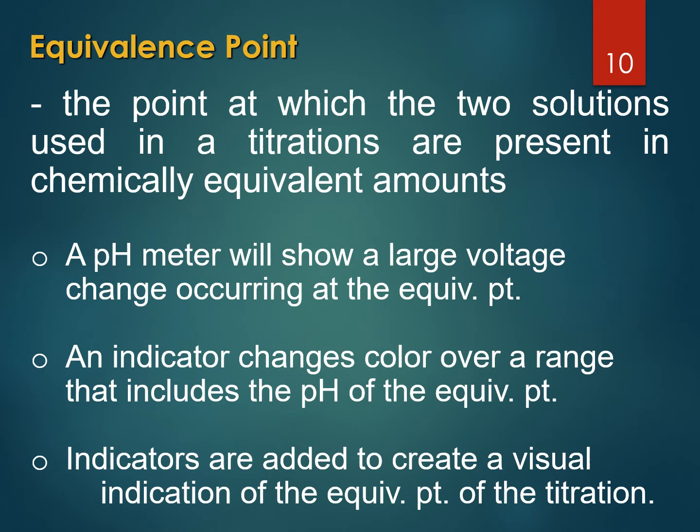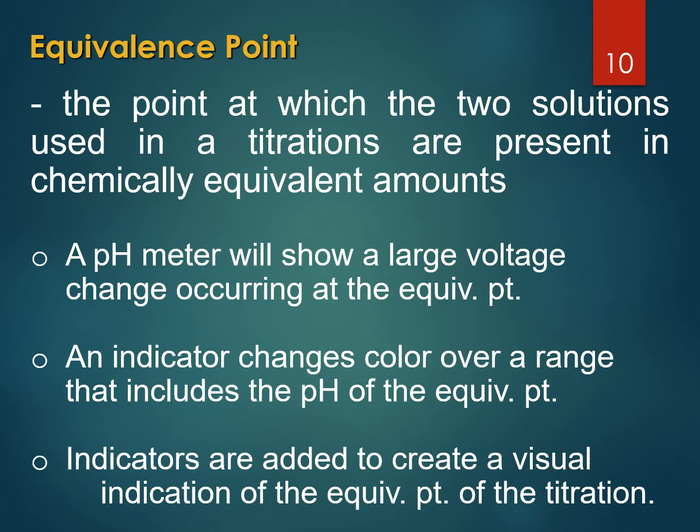The titrant and the analyte, or the acid and the base, are reacting according to the balanced equation. So we gradually add the titrant until all of our analyte in the unknown solution has reacted with the added titrant.